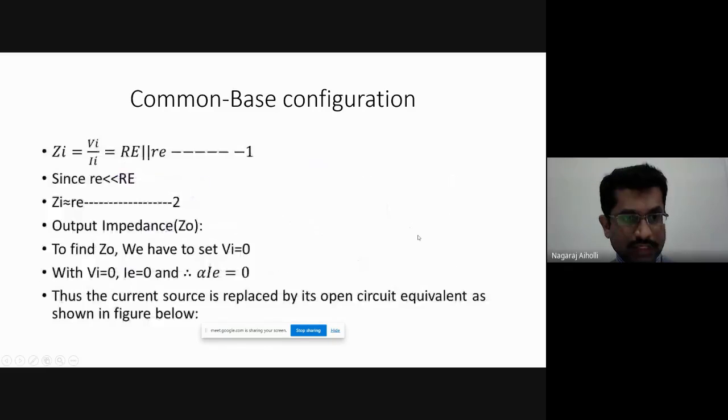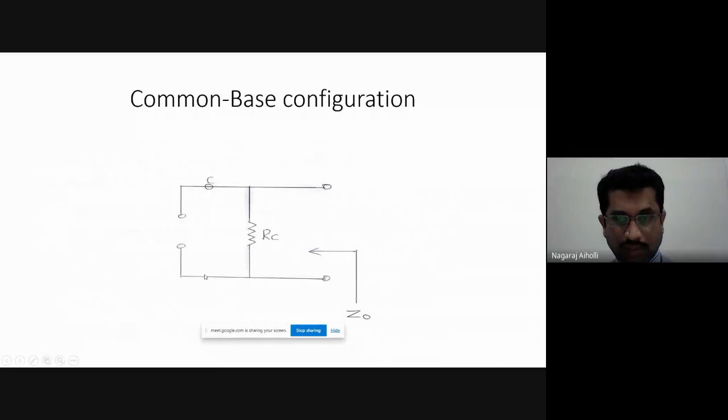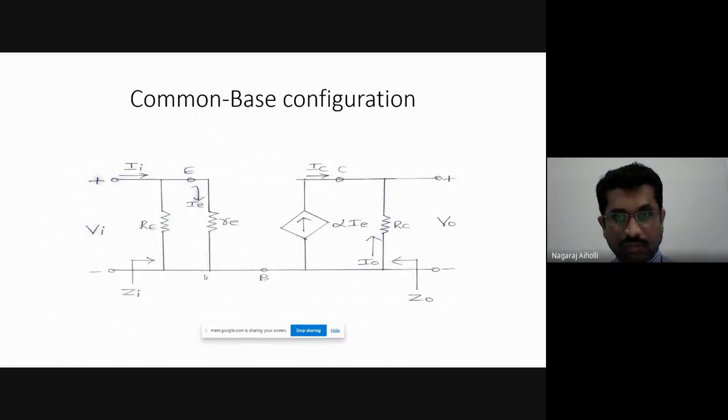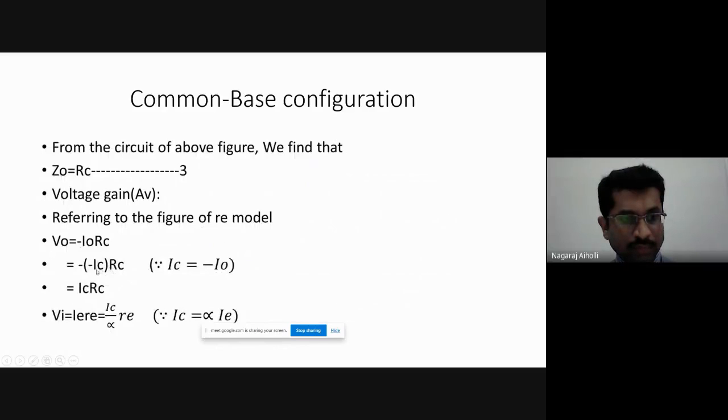IC is equal to minus I naught, because the directions of IC and I naught are opposite. Substitute I naught is equal to minus IC, therefore this will be minus into minus, plus IC RC.